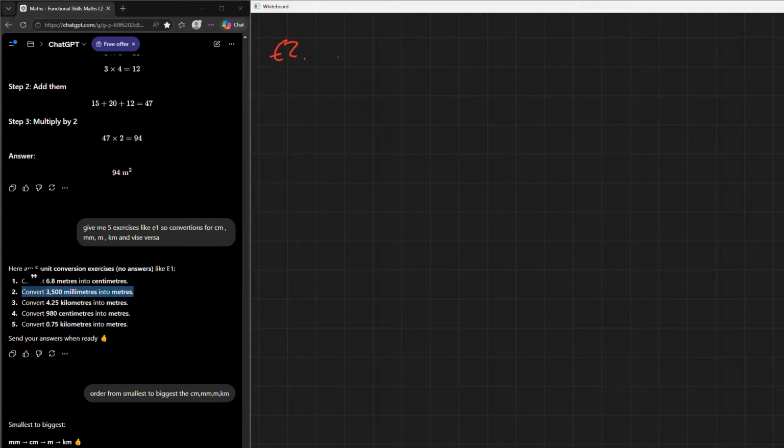E2. 3,500 milliliters into meters. I think it's similar.